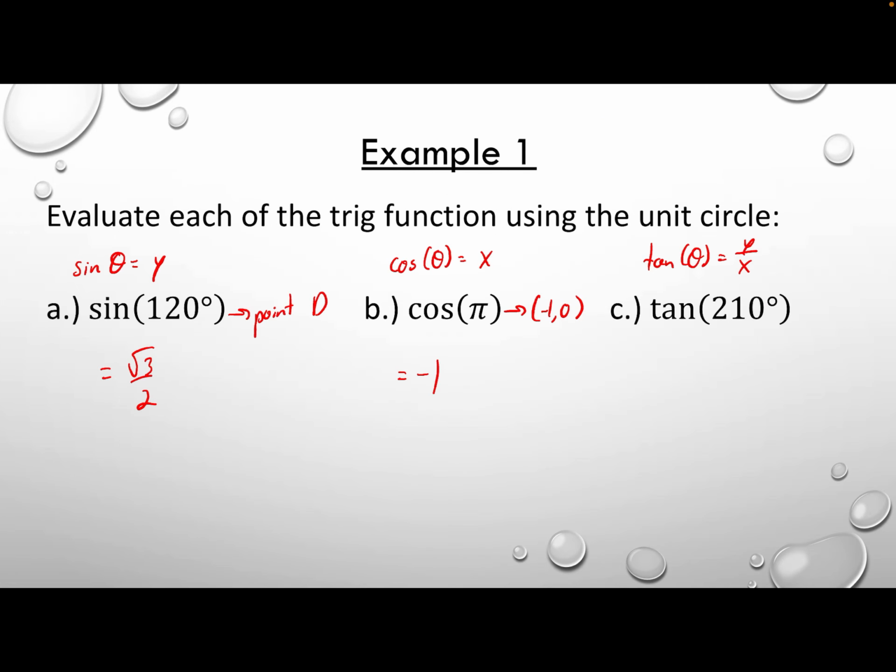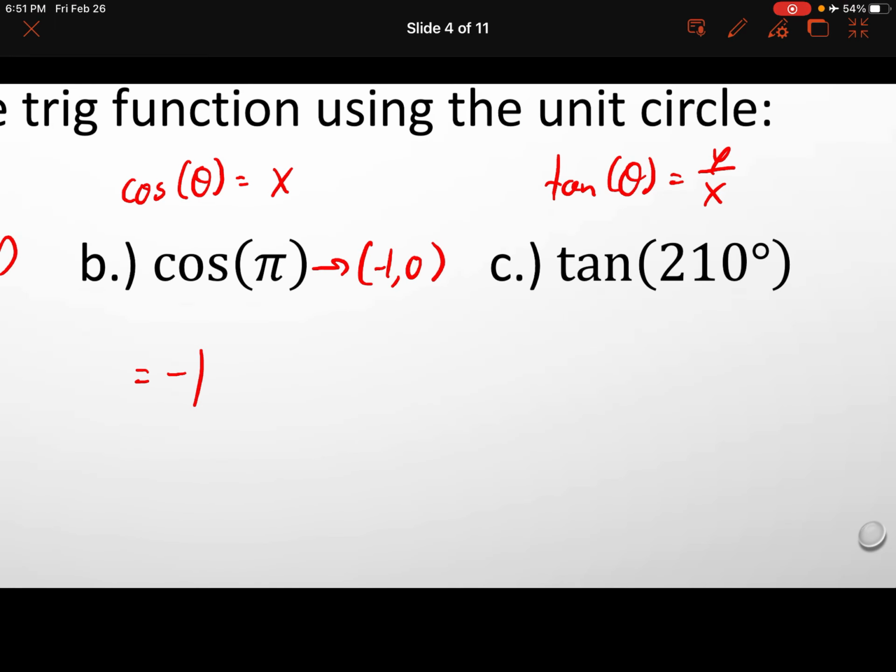So let's do that. -1/2 over negative radical 3 over 2. Now we could leave it that way, but for the purposes of this exercise, let's actually simplify it. So remember that whenever you're dividing by a fraction, that is equivalent to multiplying by the reciprocal of that fraction.